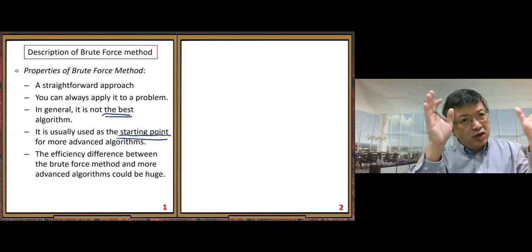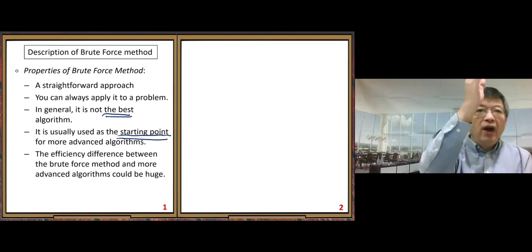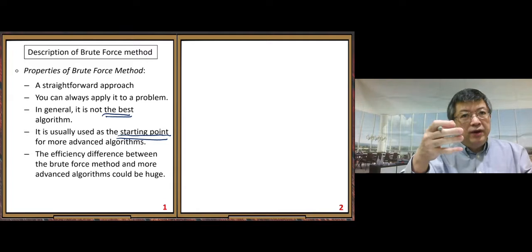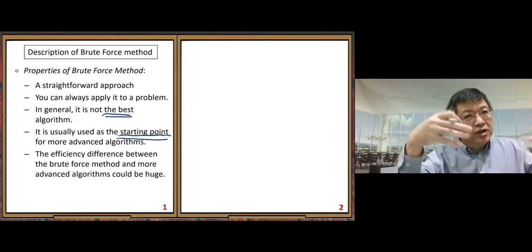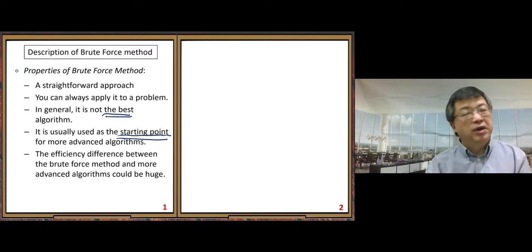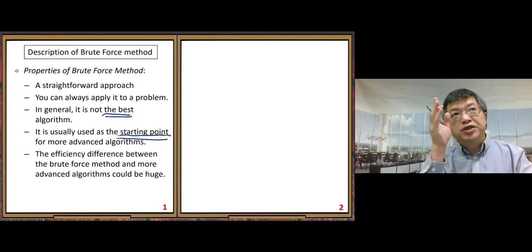This one just tells you the efficiency difference between the brute force method and more advanced algorithms could be huge. Could be really, really huge. We have an example to see that. That's the reason I want to mention this example we just did in our module 1.